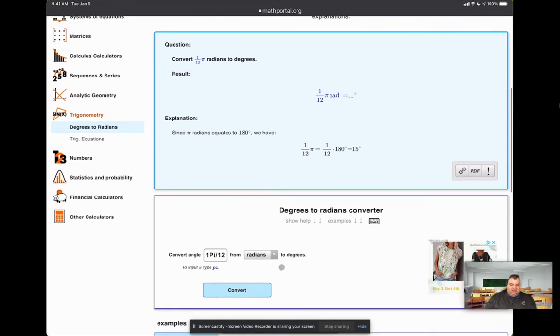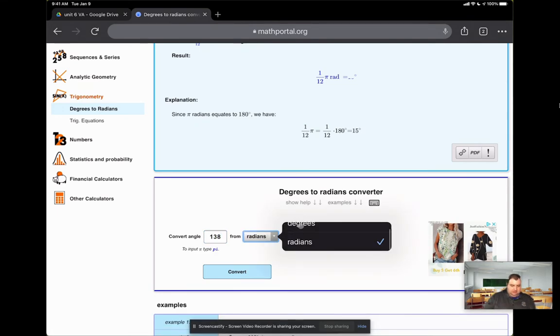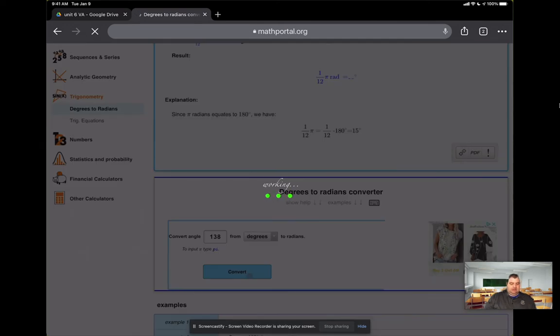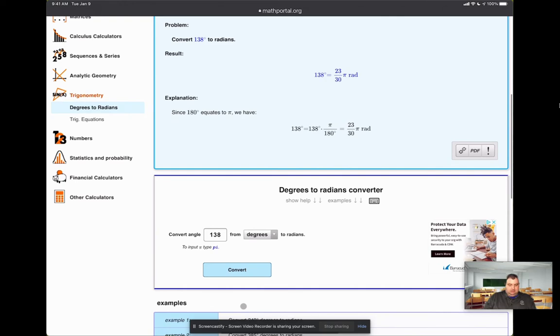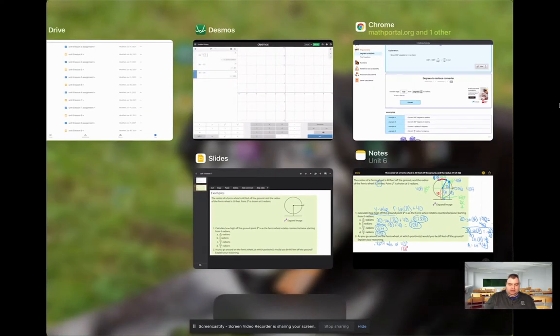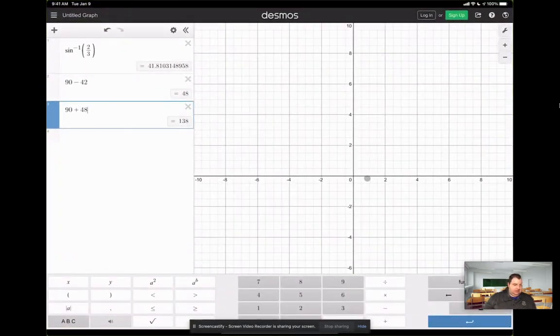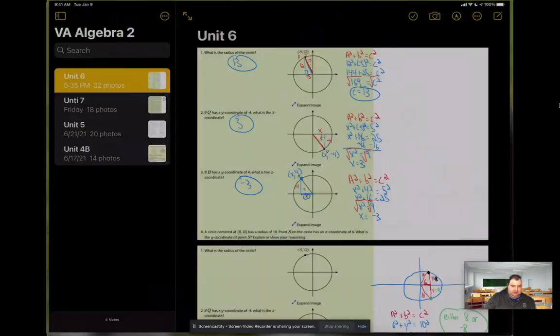So I can go back to this calculator and convert 138 degrees to radians, and I get 23 pi over 30. 23 pi over 30 as a decimal, we're going to say that's 2.4 radians.